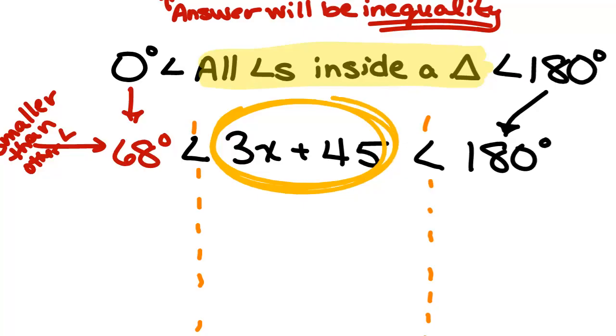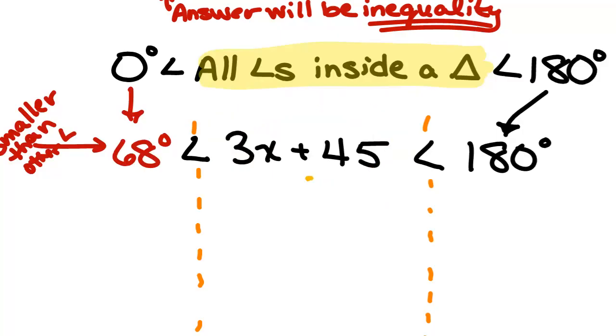So as I'm looking at this right here, if I want to solve it for x, what's the first thing I would need to get rid of? The 3 or the 45? 45. What operation would let me get rid of the 45? Subtraction. So I'm going to minus 45. But if you do it to one side, got to do it to the other side. In this case, I have two other sides, so I have to minus 45 from both of the other sides.